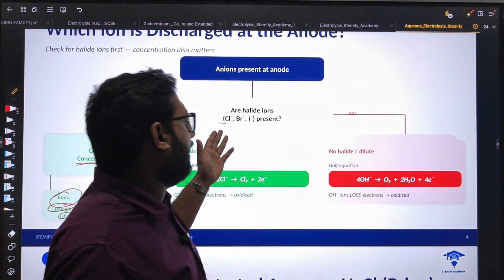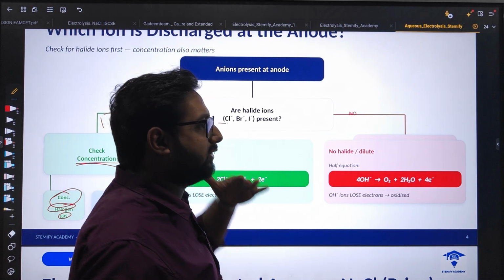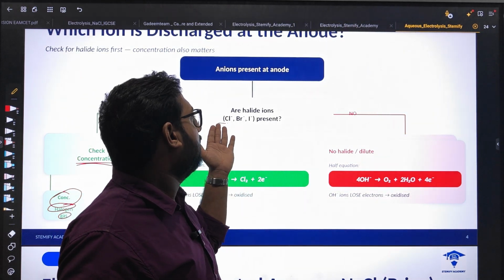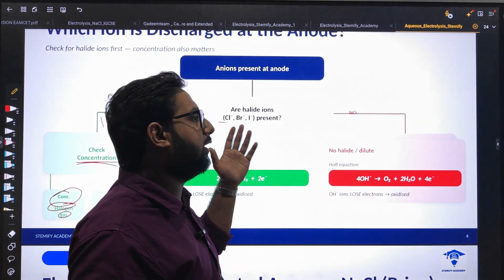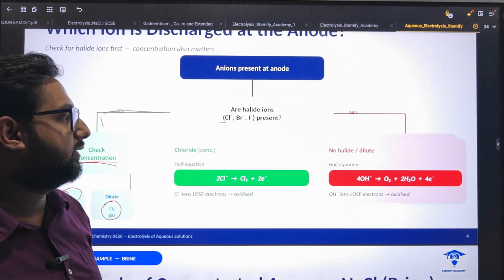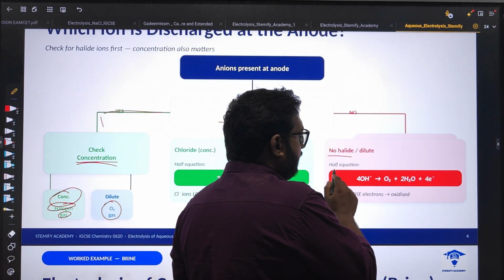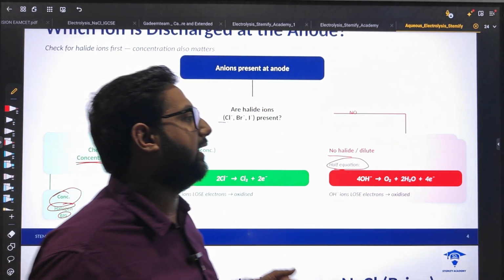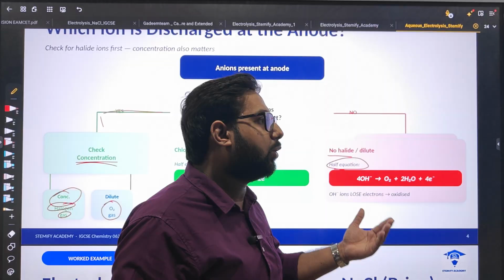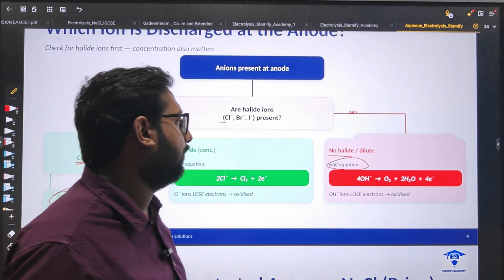And if you don't have any of these ions present in the solution, if you don't have fluorine, chlorine, or bromine ions in the aqueous solution, then O2 gas is evolved at anode.